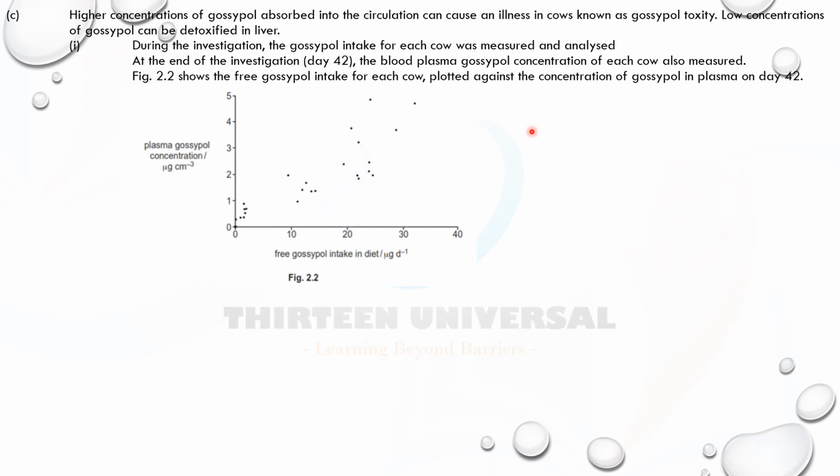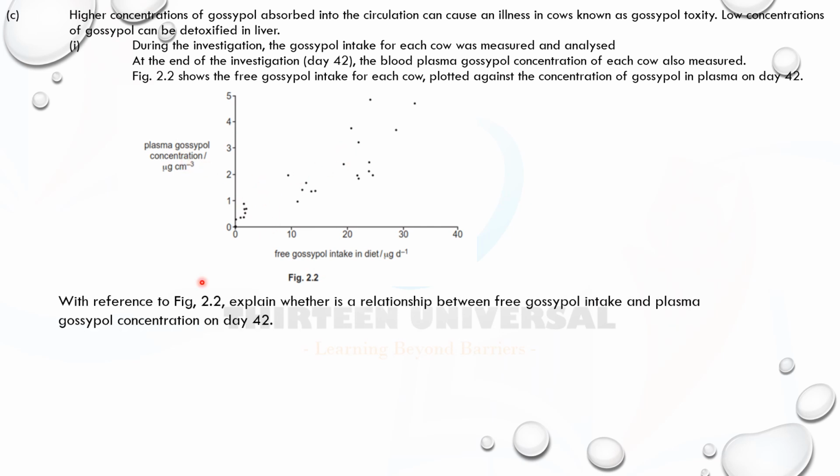Look at it, guys. You can see free gospel intake. All right, this is plasma. You see the plottings. So the question says, with reference to Fig 2.2, explain whether there's a relationship between free gospel intake and plasma gospel concentration on day 42.